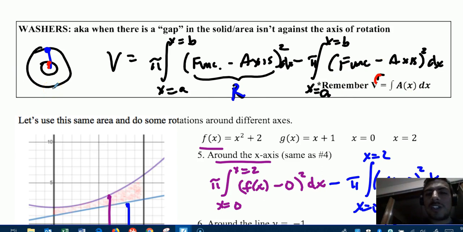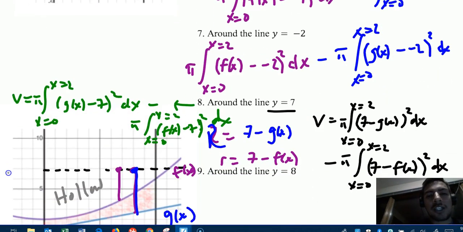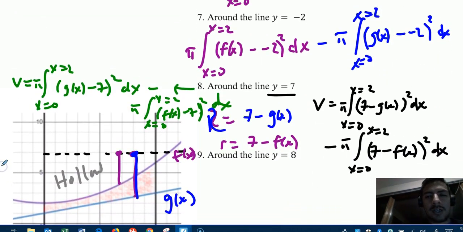And if I switch to the axis minus the function, that's going to be a little bit confusing. But you will get the same answer, and I challenge you to understand why later on. You would get the same answer if you put function minus 7 squared, function minus 7 squared, even if the hollow part is above. The difference is you have to remember which one is your big radius and which one is your small radius.